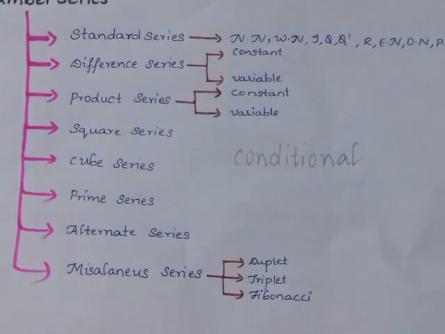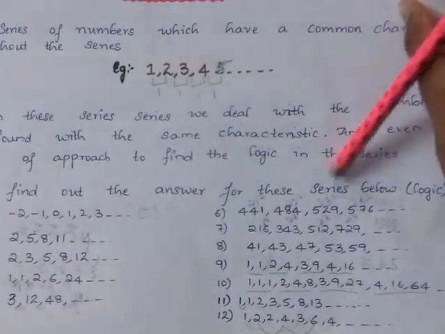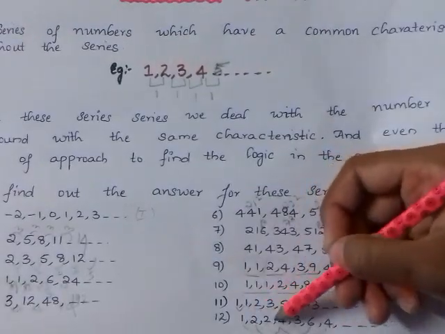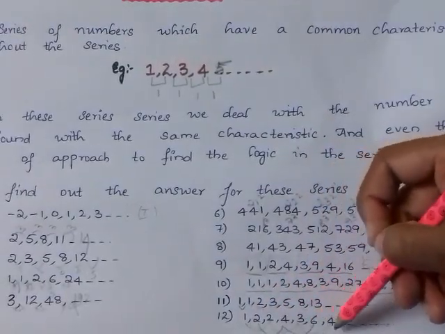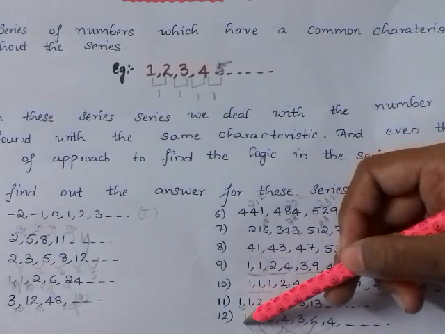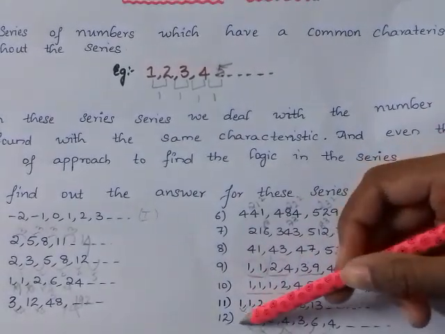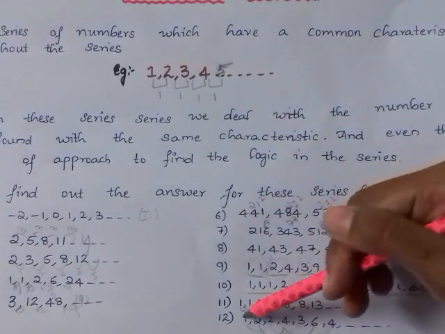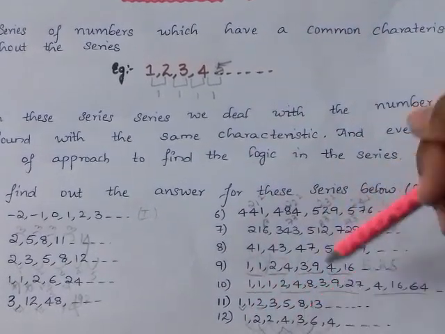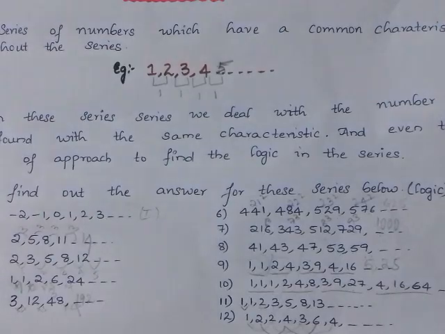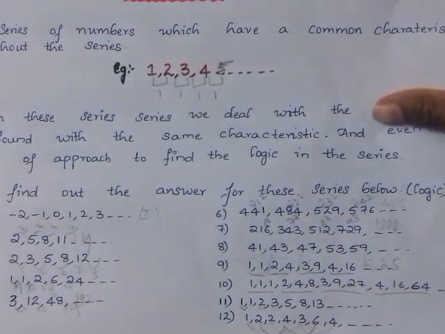Like the one before, 1, 2, 2, 4, 3, 6 and 4, the alternate numbers in the complete series form a separate series. Here, the series which they have formed are consecutive natural numbers.